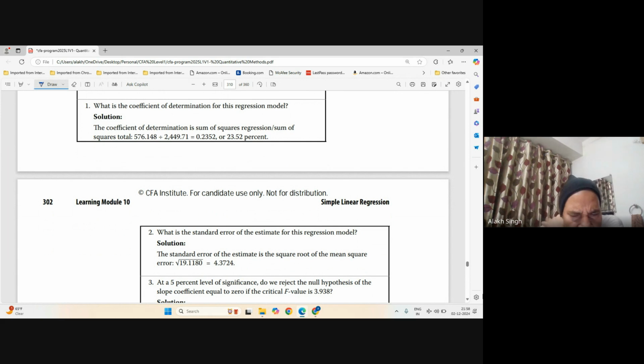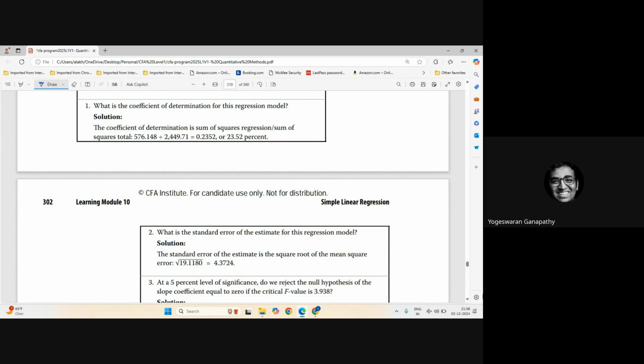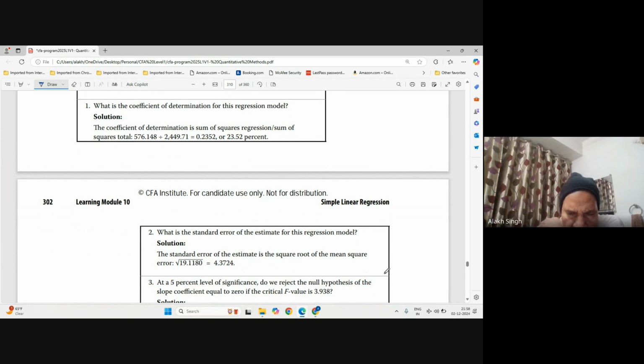Question number 3. At 5% level of significance, do we reject the null hypothesis that the slope coefficient equals 0 if the critical F value is 3.938? Okay.